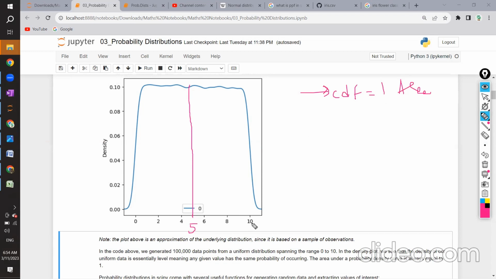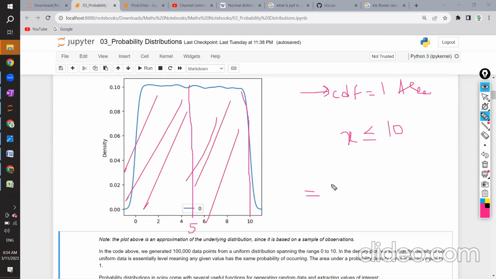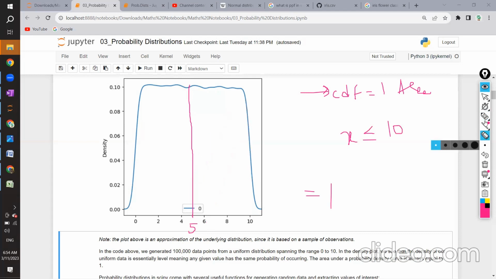That's why if you ask what is the probability that x is less than or equal to 10, you are covering till this point, so it will consider the overall area and that will be equal to 1. But now if you ask what is the probability for x less than or equal to 5, it will be over here, the middle part.